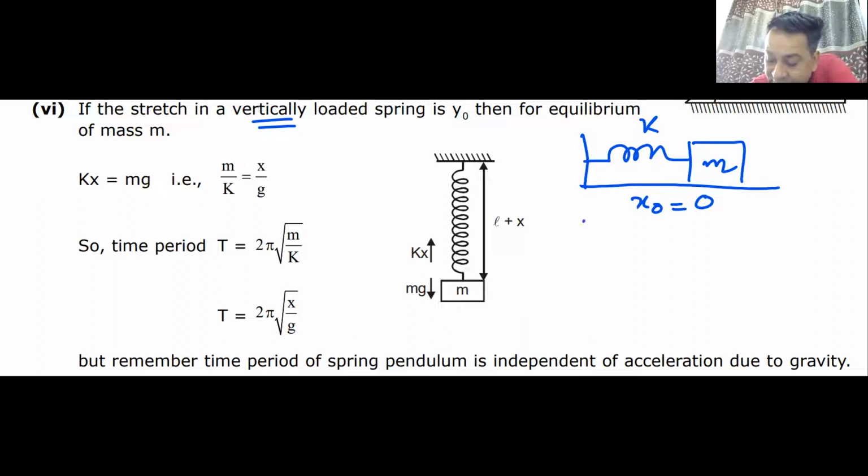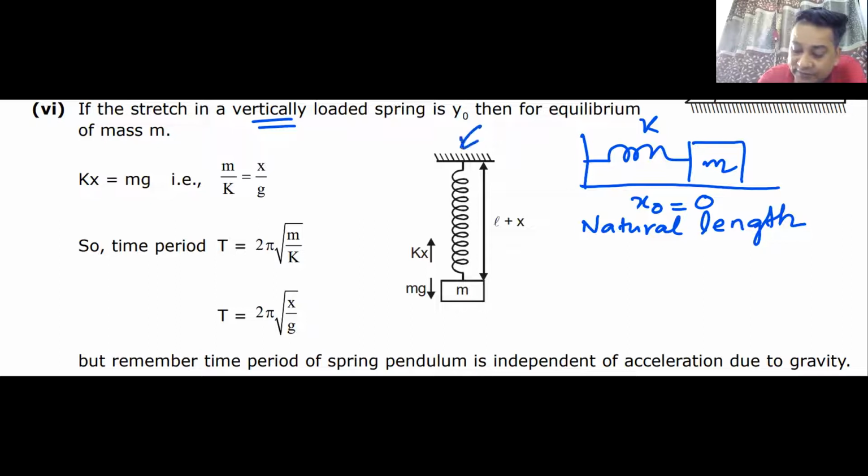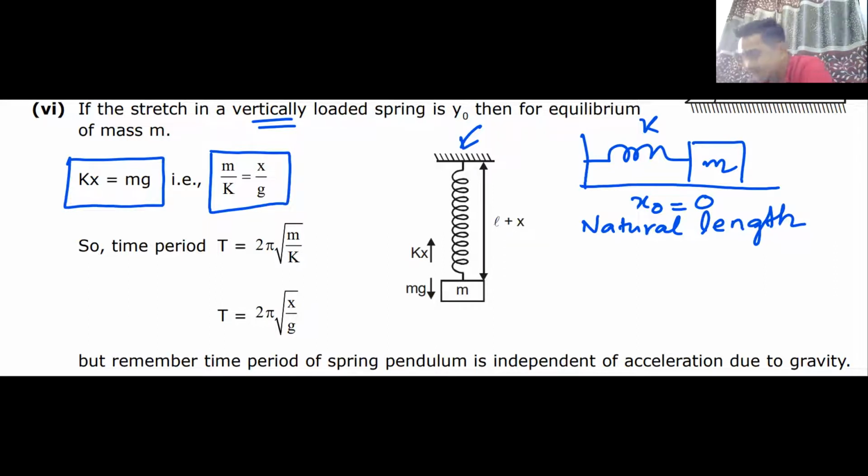That means the spring length is in its natural state. When there is no compression or no expansion, then we have the equilibrium position in the case of a block kept on a horizontal surface. This case is different from the vertical case, where the equilibrium position happens where kx is equal to mg. Do we understand this?